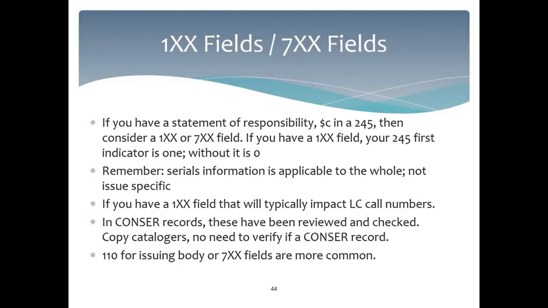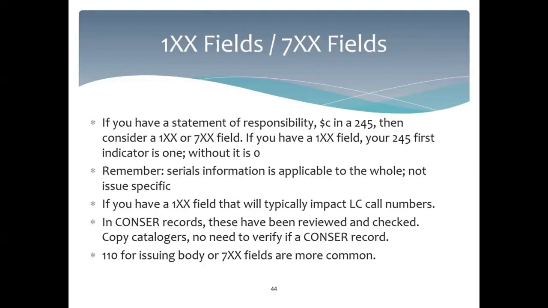For those of you who are copy cataloging, this is something you could definitely check and take a look at, to see whether or not you need to fix it, because it is something that occasionally gets missed.